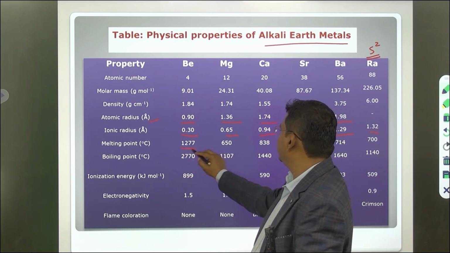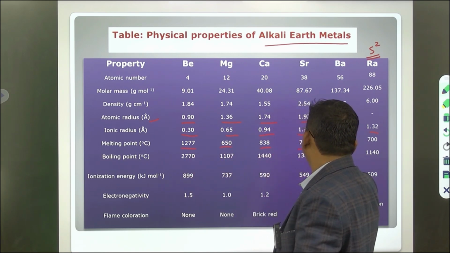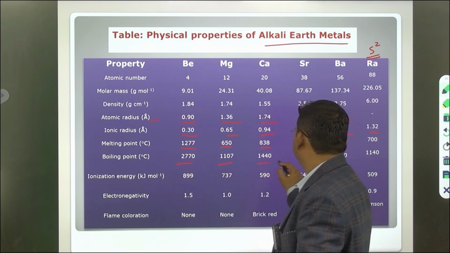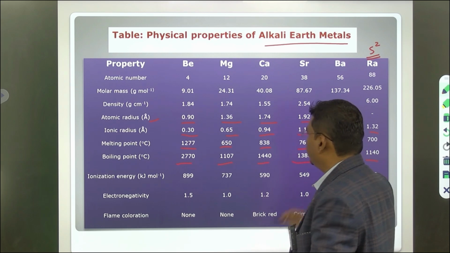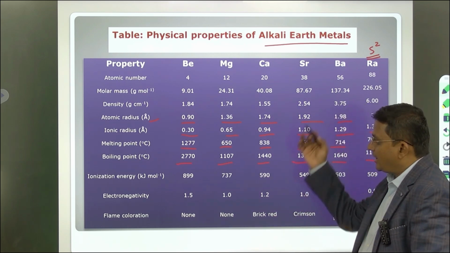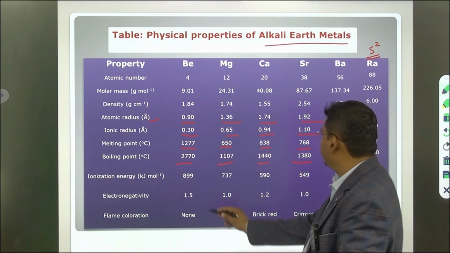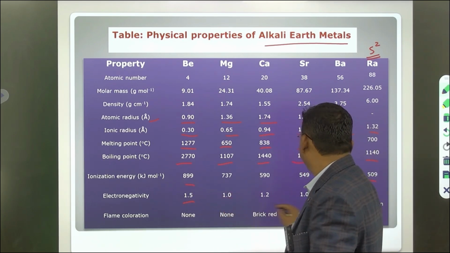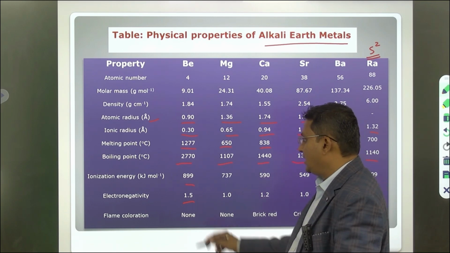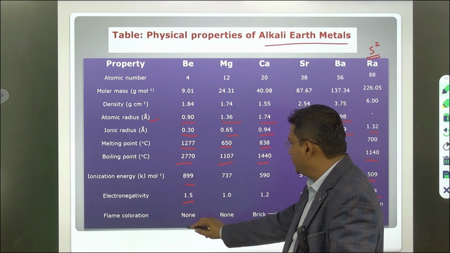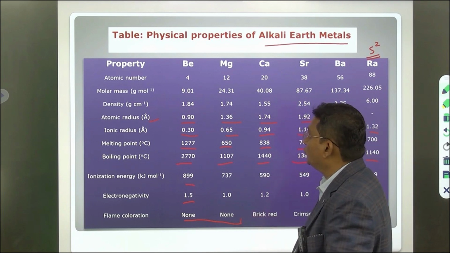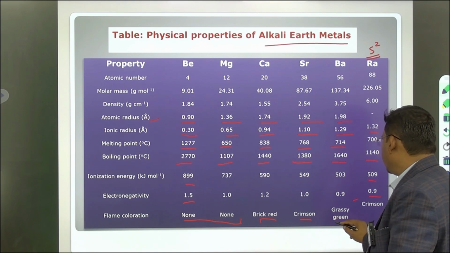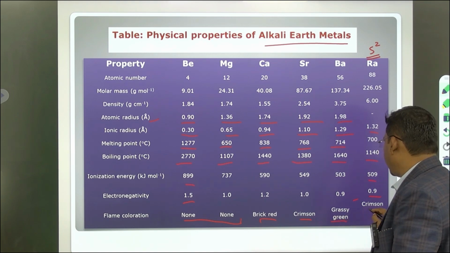Melting point decreases and boiling point also somehow decreases from above to below. Ionization energy decreases, electronegativity also decreases, and flame coloration: beryllium and magnesium have no color. Then brick red, crimson, grey green and crimson color.